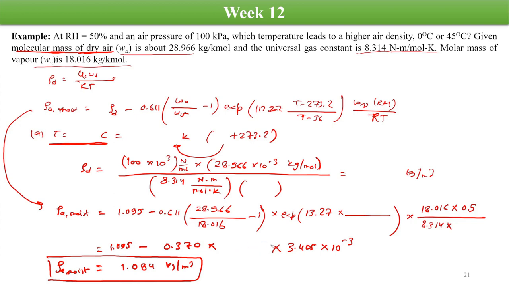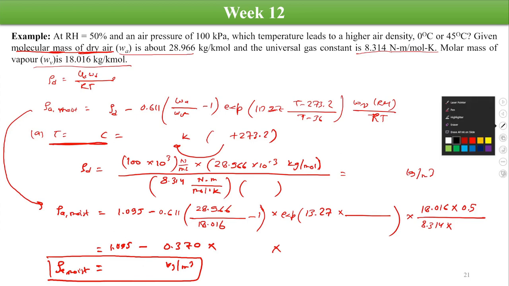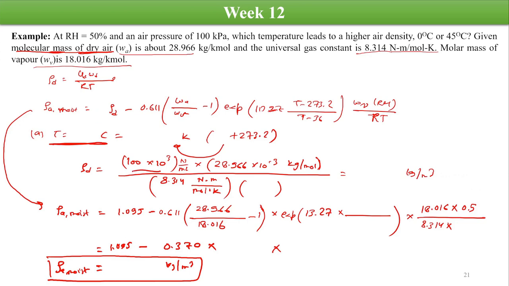So based on this, these two values will change, right? So let's see how we can do that. Rho D will calculate PD, that is 100 kPa, multiplies WD, 28.96 into 10 to the minus 3 upon R. The temperature here is 0 degrees Celsius, so it will be 273.2, that is 0 plus 273.2.